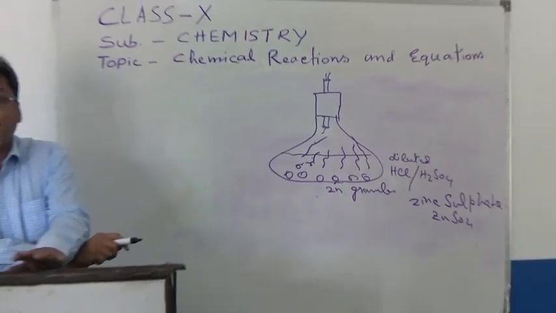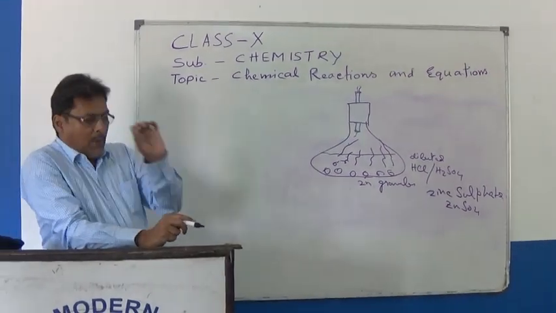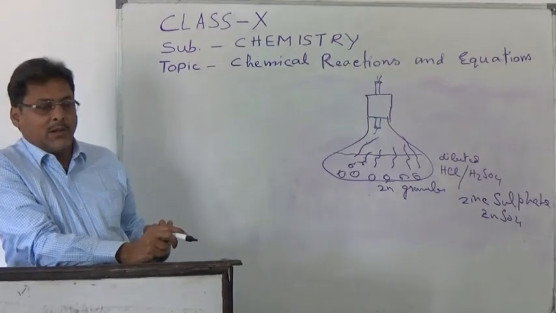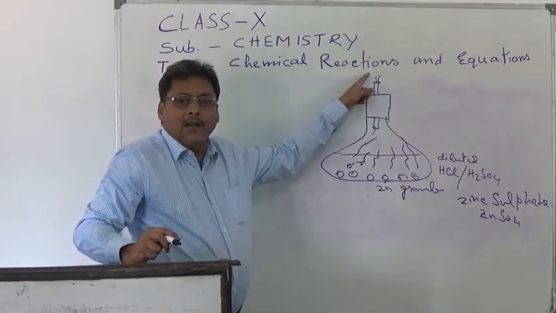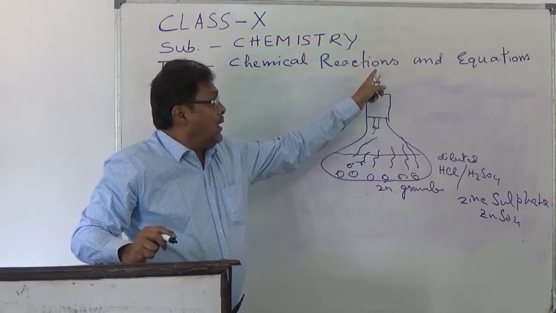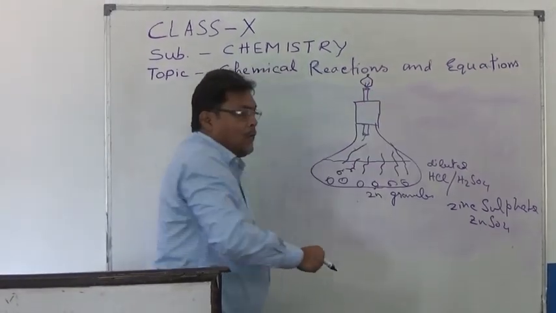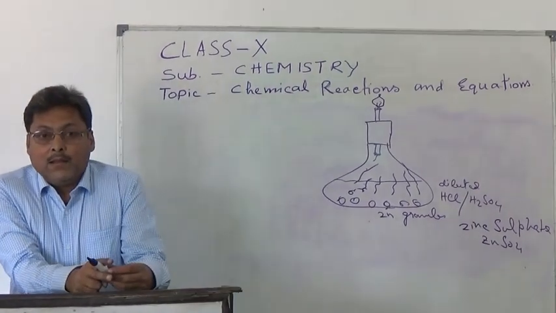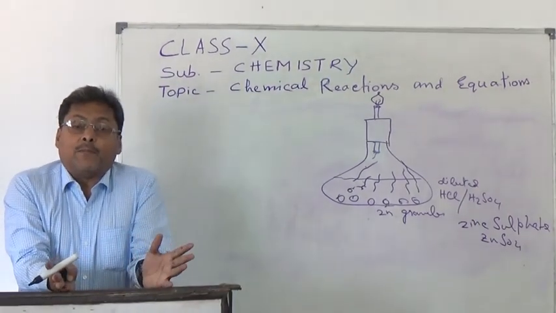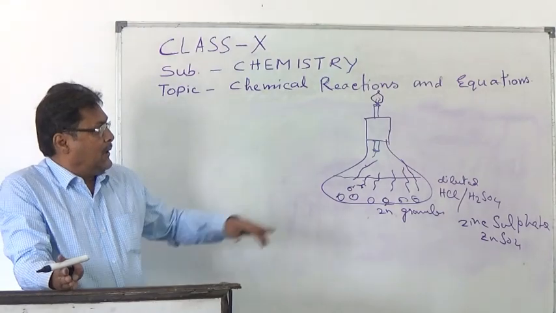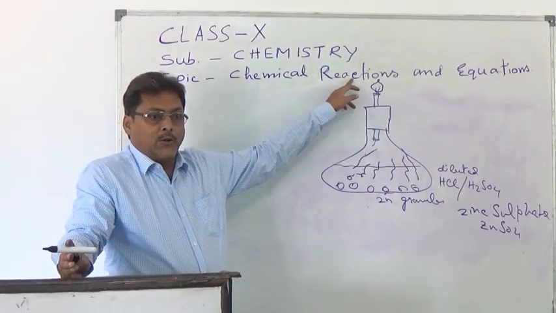What is this gas? If you put a burning match at this end of the pipe, you will see that the gas is burning with a flame. The gas itself is burning with a flame. It proves that this gas is hydrogen.